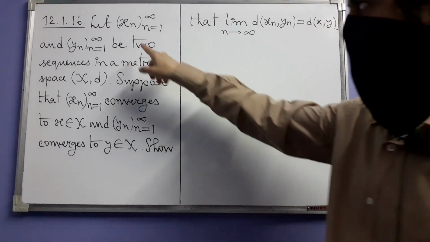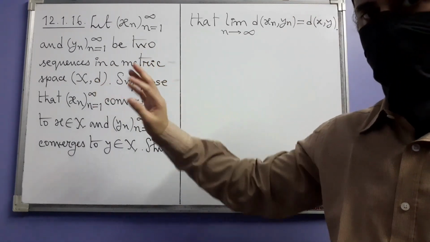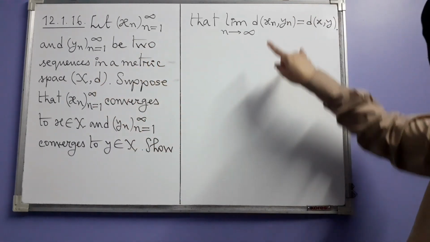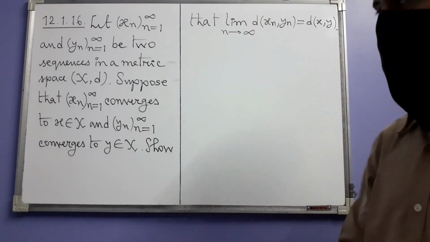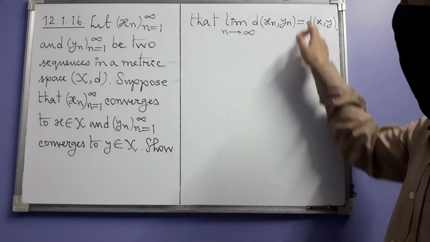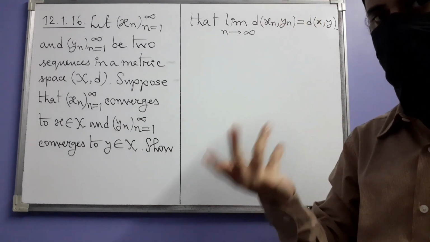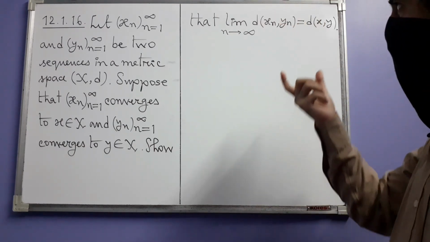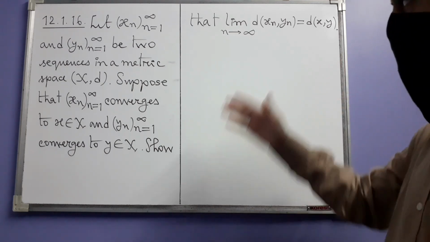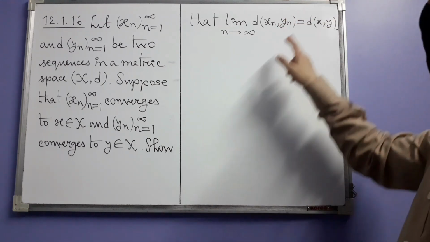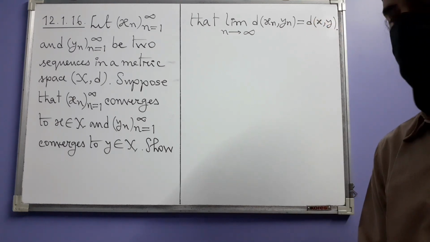Note that unlike these original sequences, which are sequences in the space X, whatever the space is, this is a sequence of real numbers, because each term in this sequence, as you change the n, is a real number, and that too a non-negative real number, because these are distances, and this is also a real number. So let's see the solution.